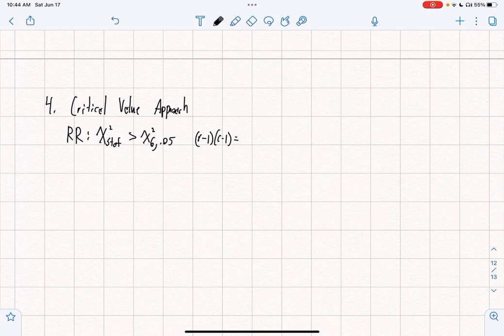We have 4 rows and 3 columns, so this would be 4 minus 1 times 3 minus 1, so 3 times 2 is 6 degrees of freedom. So this will be chi-squared stat bigger than 12.59. Again, we're just going to get these numbers from Excel. Of course, if you want to use the tables, you can, but Excel's a little easier.